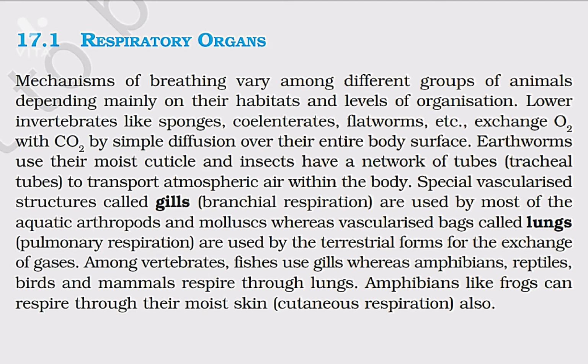Earthworms use their moist cuticle, and insects have a network of tubes, tracheal tubes, to transport atmospheric air within the body. Special vascularized structures called gills, branchial respiration, are used by most of the aquatic arthropods and mollusks, whereas vascularized bags called lungs, pulmonary respiration, are used by the terrestrial forms for the exchange of gases.